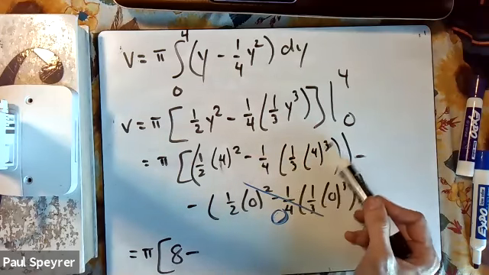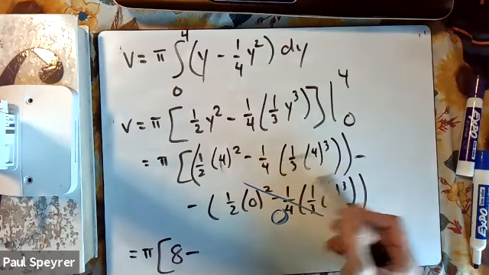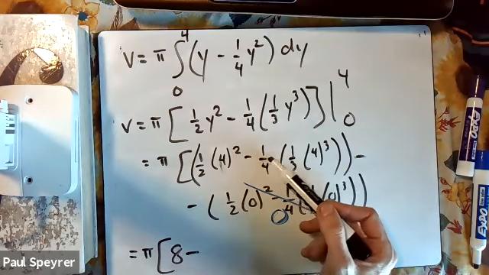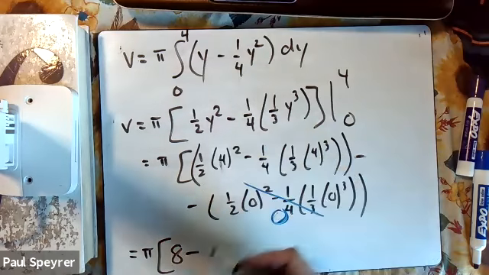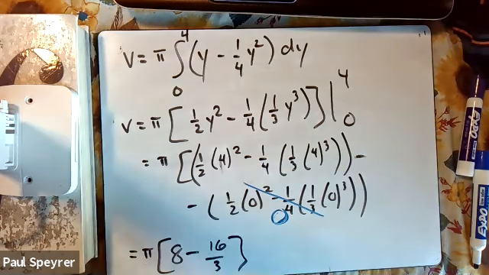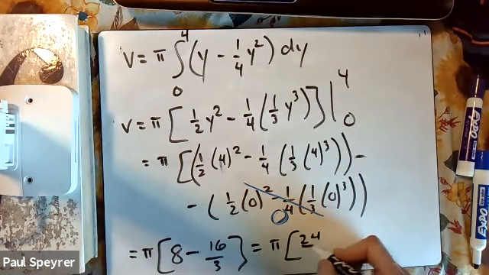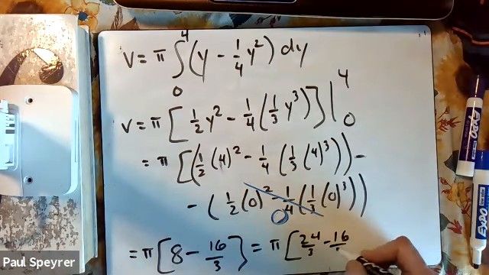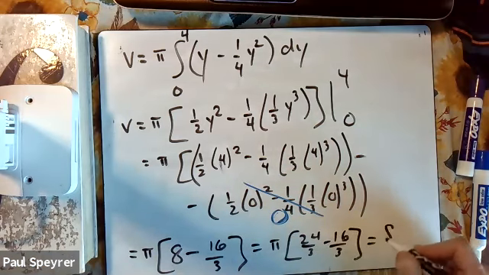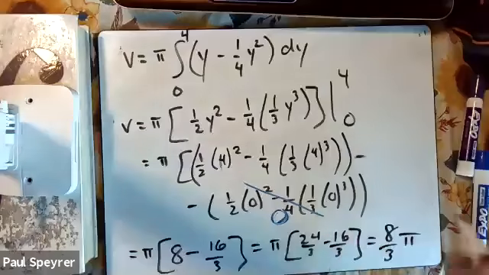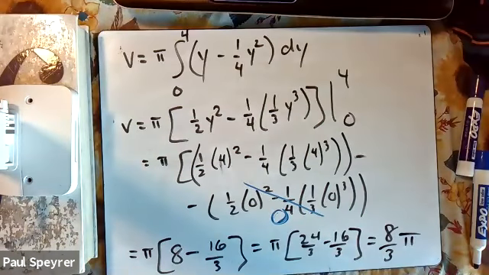I could just knock out one of these 4s because 4 cubed over 4 is 4 squared. So that's 16. So we actually have 16 thirds left over. And this is pi, and this is 24 thirds minus 16 thirds. So you wind up with 8/3 pi as the volume.